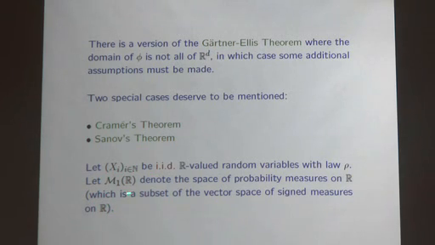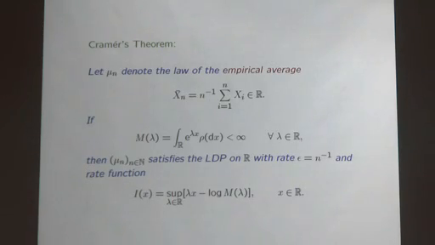The empirical distribution lives in a space of probability distributions on R, which we are supposed to view as a subset of the vector space of signed measures on R, to realize in what vector space we actually are.